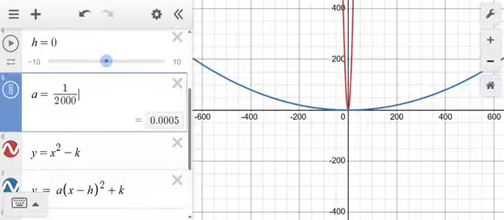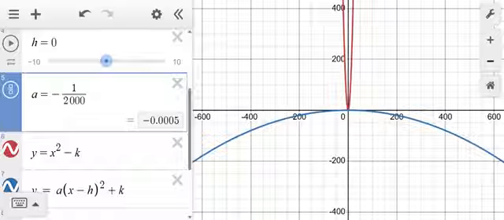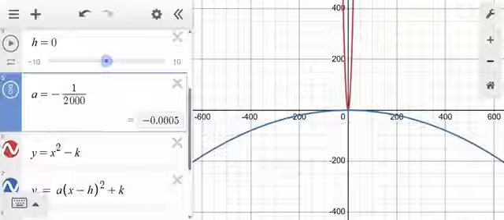Give me a value so that the parabola is reflected and compressed. All right, Ivy, what is it? Sure. -1/3. Oh, excellent. Yeah, great.